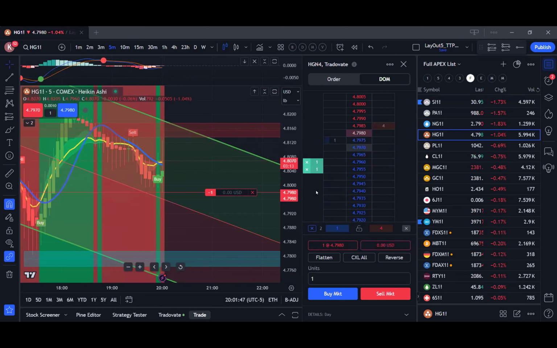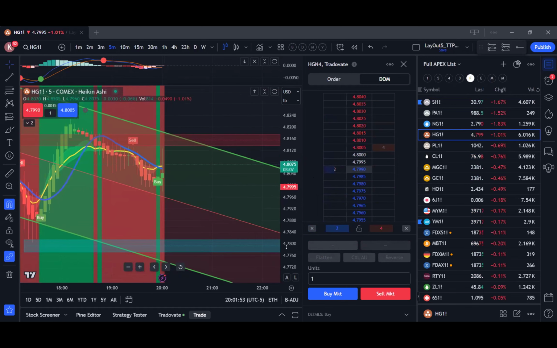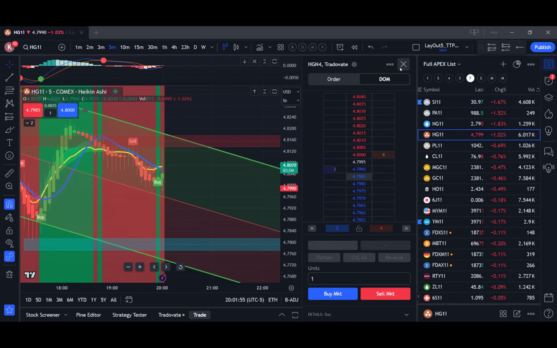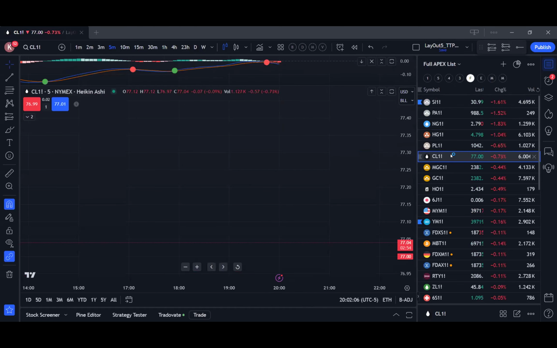I'm also closing the other HG1. So as of now, we took profits on copper, silver, and gold. Again, we are waiting for the next signal.